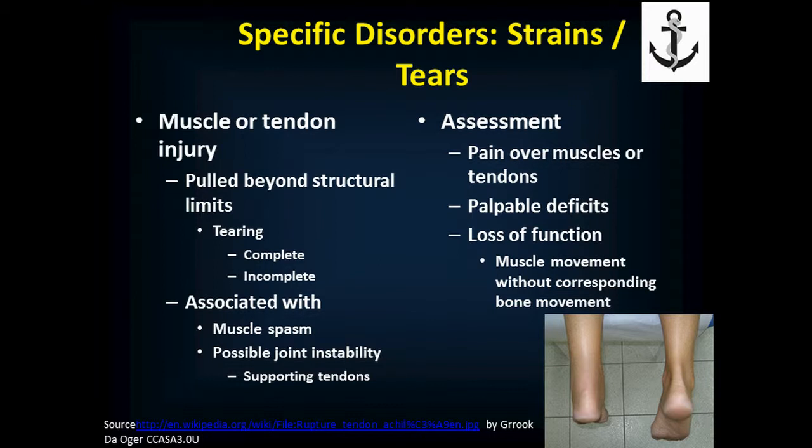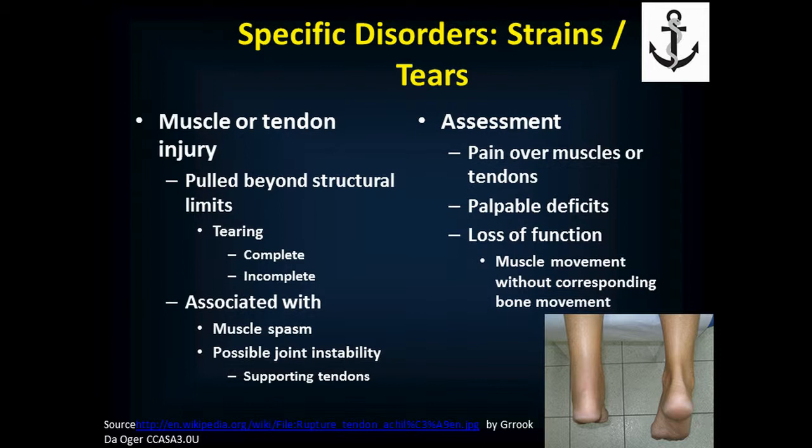And what will happen is that you'll end up with muscle spasm because of the injury to the muscle, and possibly the joint will become unstable depending on what the tendon is that tore, because the tendons, while their primary function is movement, they connect the muscle to bone, around that joint they do provide some structural support.